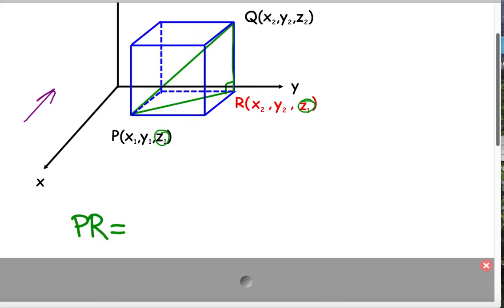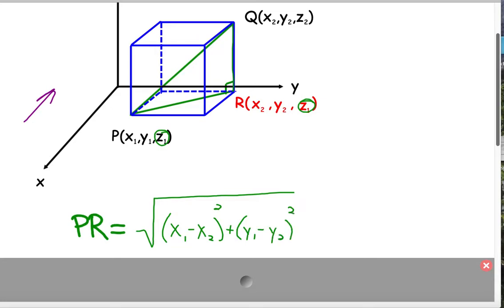And in 2 dimensions, we know how to get the distance between 2 points, and that's our distance formula based on the Pythagorean theorem. And you can write this either way, so I'm going to say the square root of x sub 1 minus x sub 2 squared plus y sub 1 minus y sub 2 squared. So that takes care of, notice now I'm looking at this green right triangle here, that takes care of this leg of that right triangle.